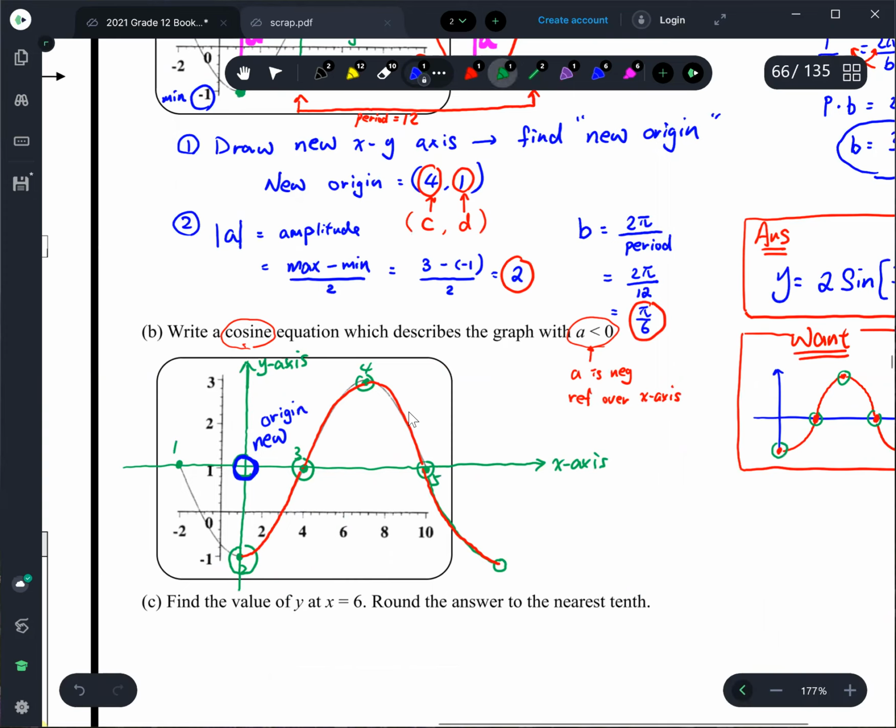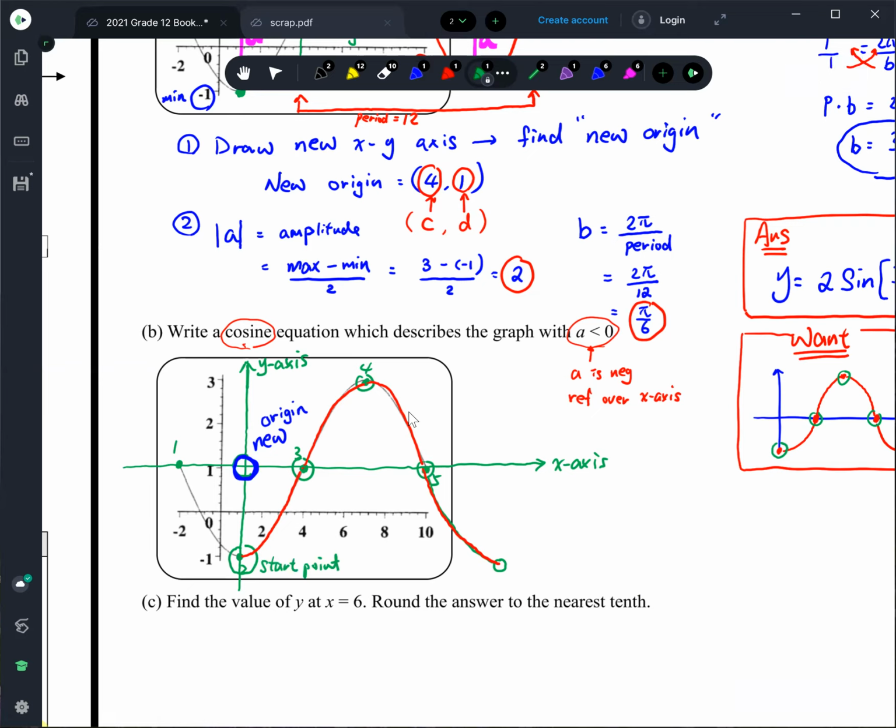So make sure you make a note: this is your starting point, but your origin is where the x and y axis cross. We are more interested in the new origin. That tells us our C and D. Any questions? Can you raise your hand if you understand?